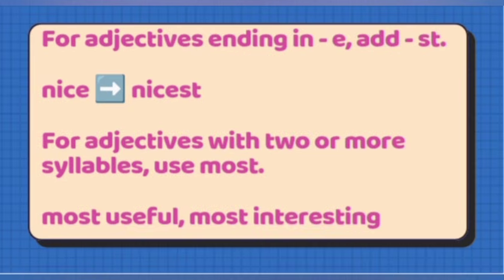For adjectives with two or more syllables, use most. If the adjective is of two or more syllables, then we will not add est or st. We will add most, the word most before the adjective. Most useful, most interesting, because useful is a word with two syllables, interesting is a 4-syllable word. So we need to use most.